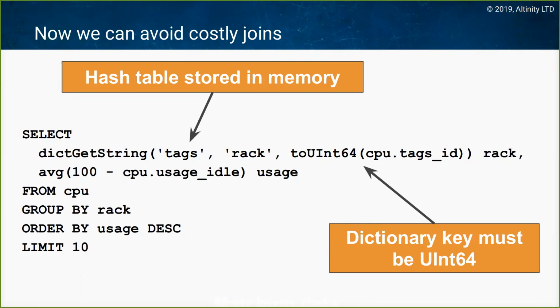So that allows us to get these values, and in this case it gives us the value of the usage without having to do a join. So that's a common enough way to do this.